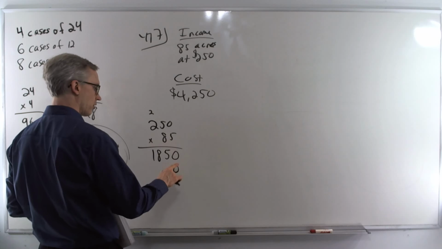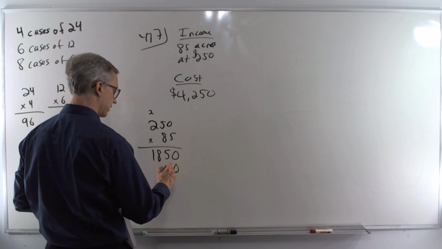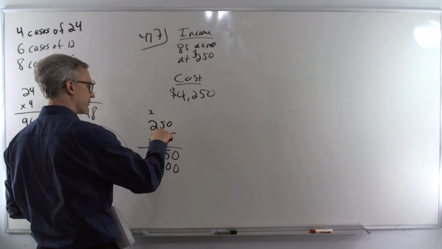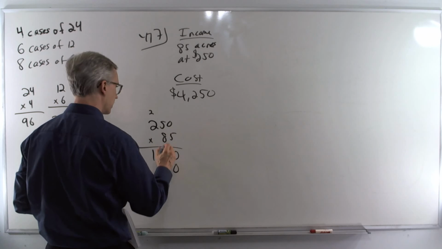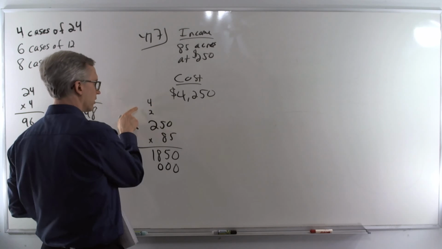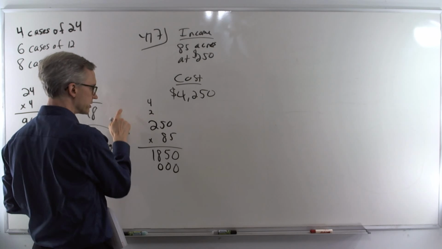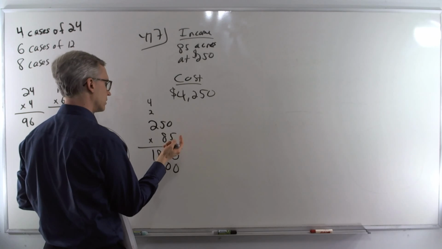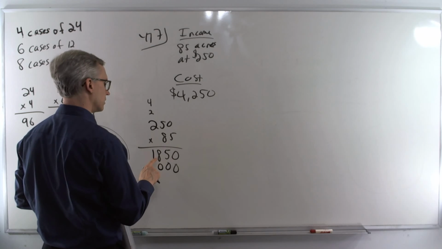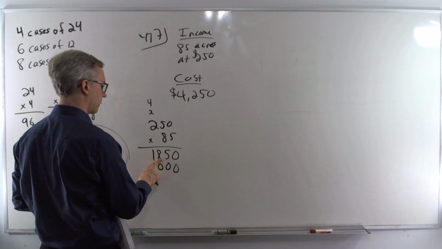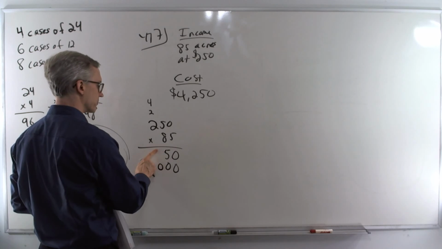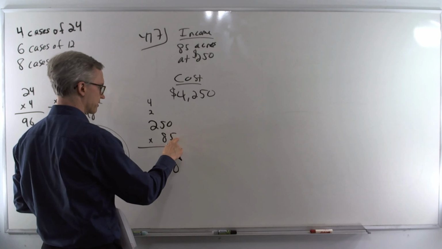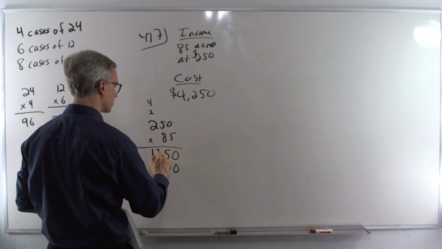All right, second row, so add a 0, 0 times 8 is 0, got another 0 there, 5 times 8 is 40, so another 0. And carry the 4. Oh, I made a mistake here. I multiplied by the wrong digit. That's supposed to go 2 times 5 is 10 plus 2, so that's going to be 1250.